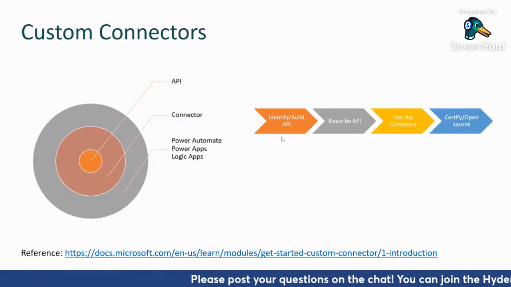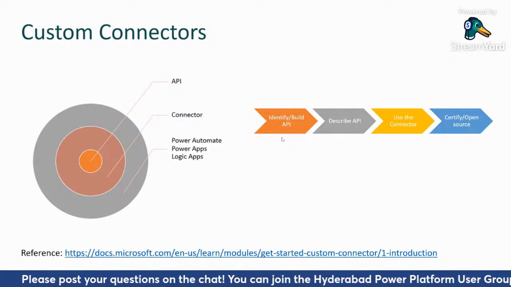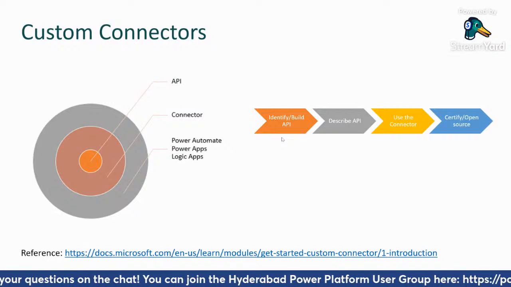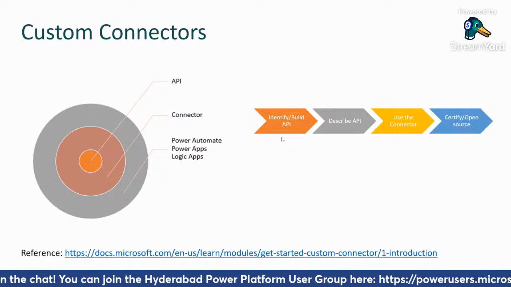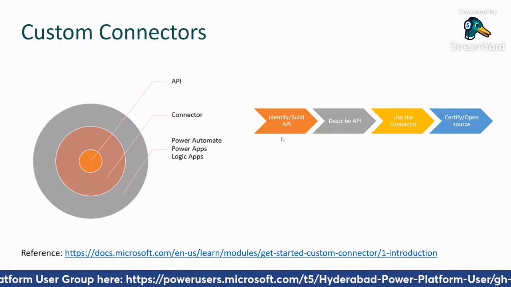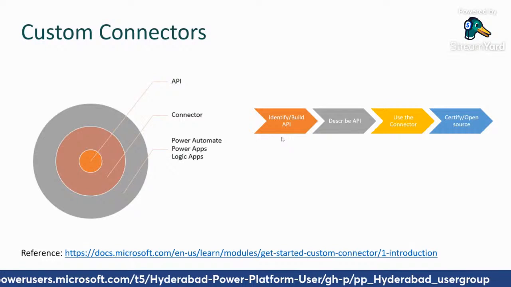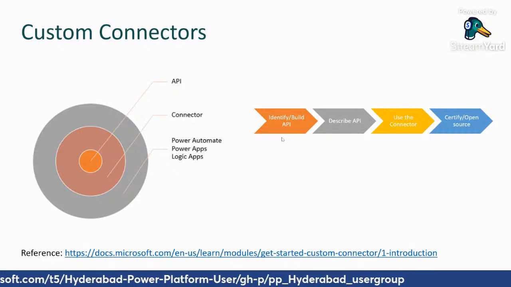The second thing: now that you have made the decision to create the custom connector, since these custom connectors are wrappers around the APIs, you will have to describe the API. For Power Apps and Power Automate to discover what triggers and actions are available from the API, you must identify them, and then you should create your custom connector.